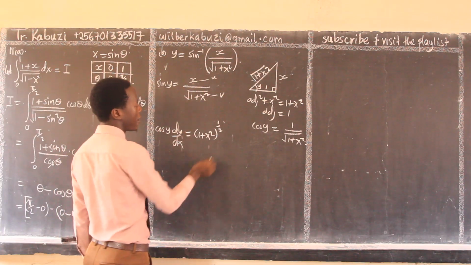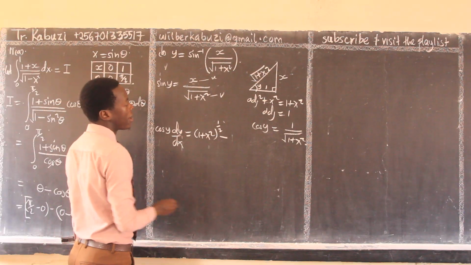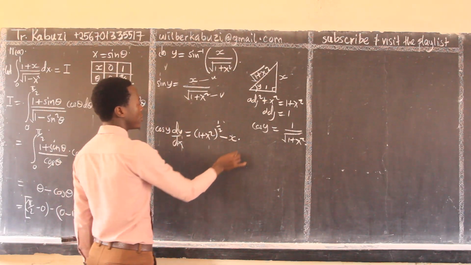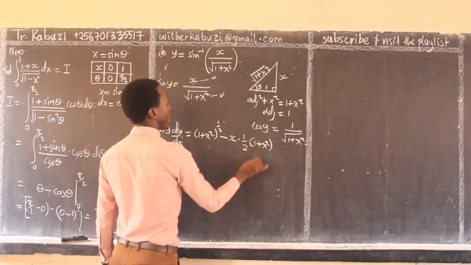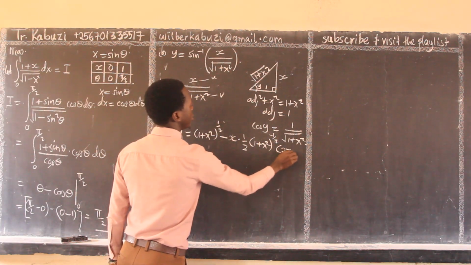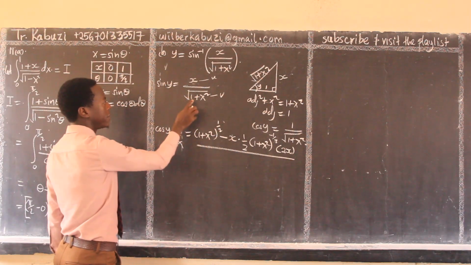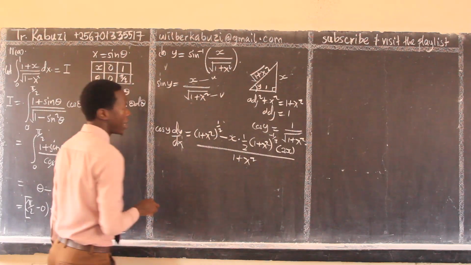Differentiate u, which is 1, then minus our u, which is x. Then we differentiate this, which will give us a half times 1 plus x squared, reduce the power by 1. Differentiate the brackets, which is 2x. The whole thing over v squared. When you square this, you get 1 plus x squared.